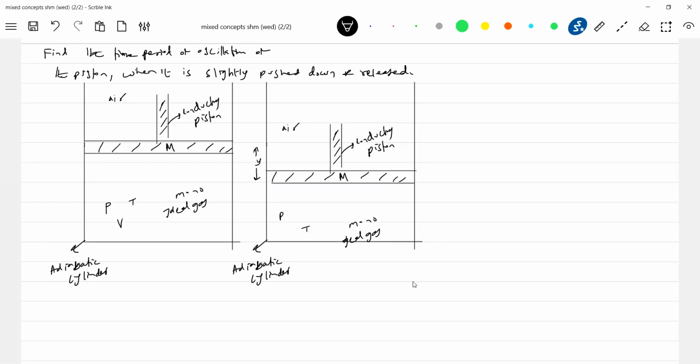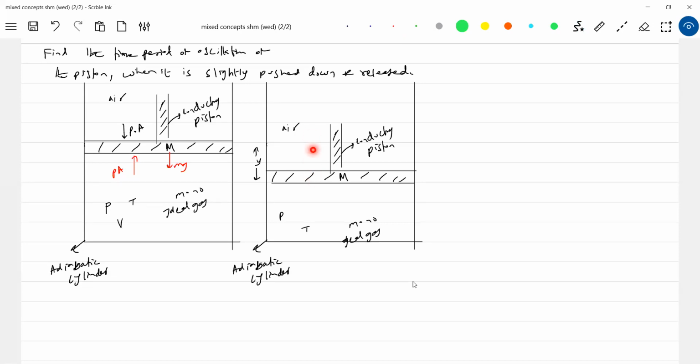First, initially it's in equilibrium. What are the forces that are acting? P naught A, the weight mg, the pressure force P into A. So let's go for the pressure. Initially we can say PA equals P naught A plus mg, so P equals P naught plus mg by A. I think already we know it. Now I'm going to press it. I myself push it down and release.